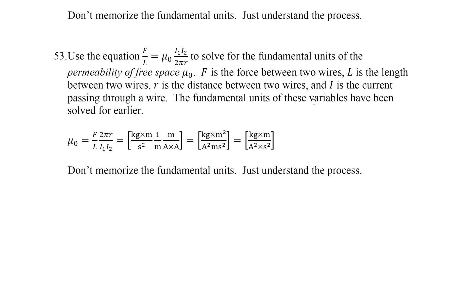Question 53, use the equation force per unit length equals mu sub 0 I1 I2 divided by 2 pi r to solve for the fundamental units of the permeability of free space mu sub 0. So first solve for mu sub 0 and then plug in the fundamental units for each variable.